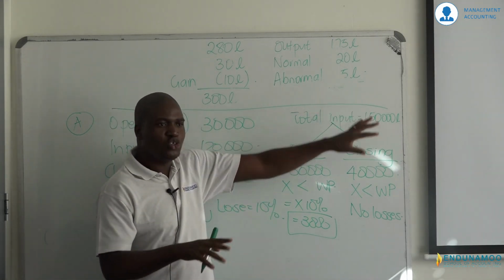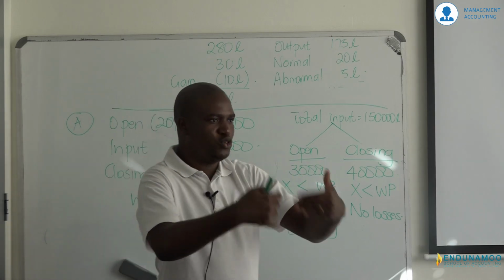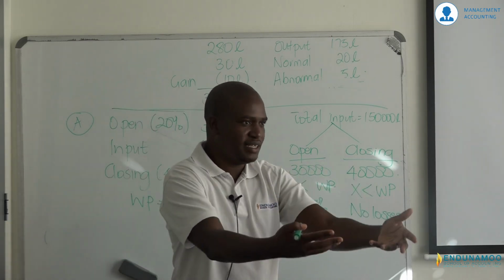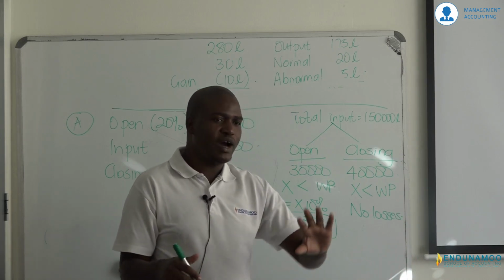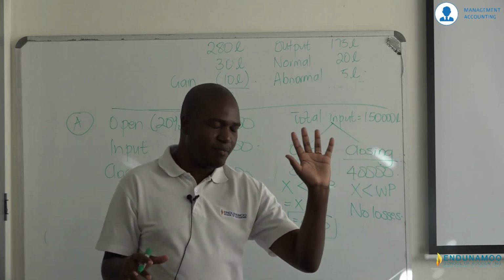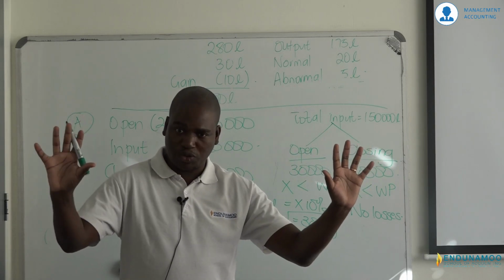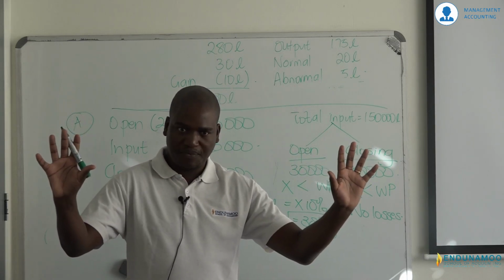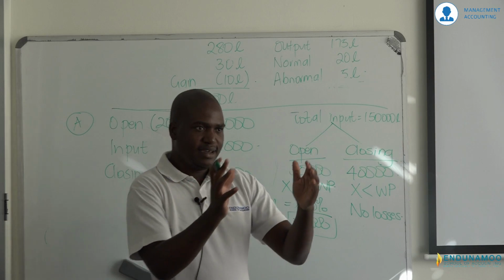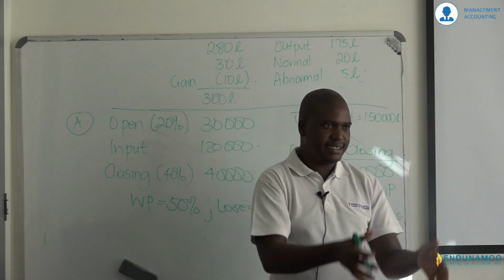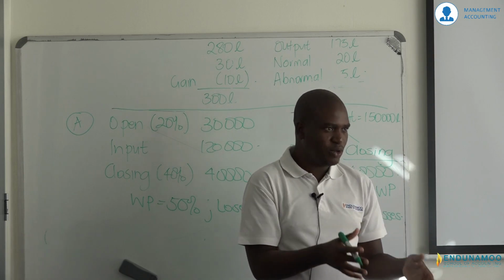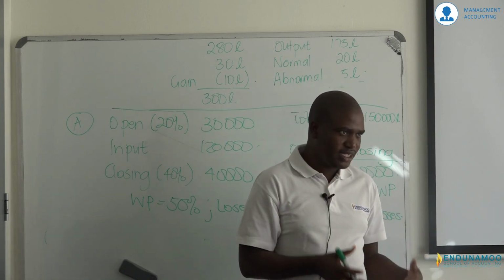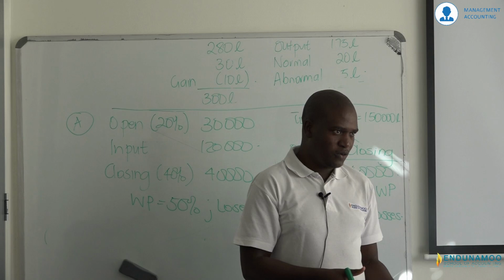You don't worry about the units that we input or started and completed, because they will have gone through the entire stage. So you worry about opening, and you also worry about closing only. So you ask, opening, had it reached the wastage point? No, it had not. So there's going to be losses in the current period.